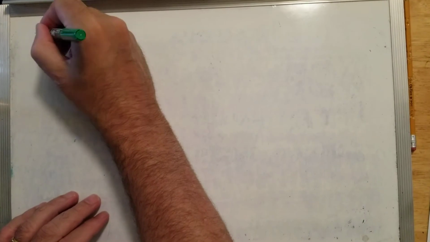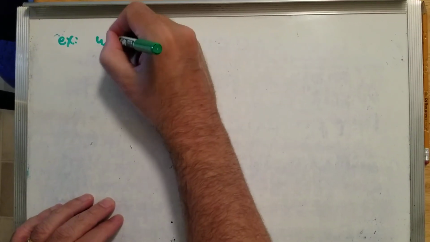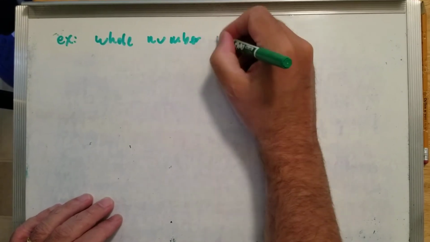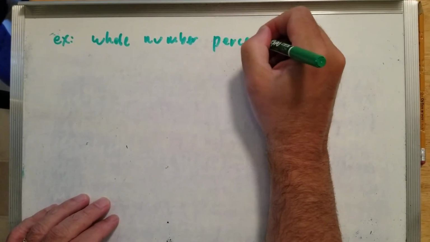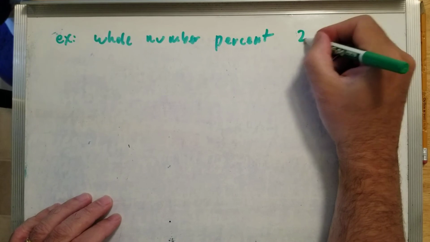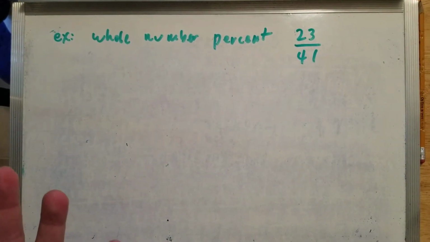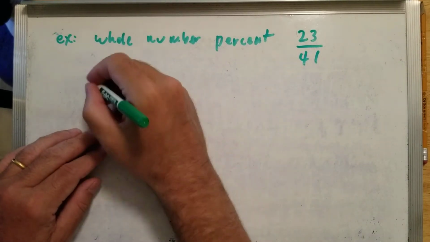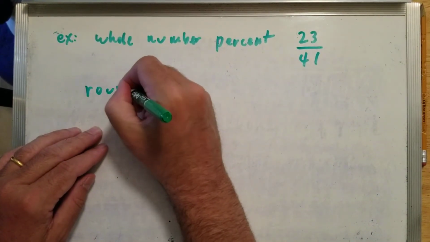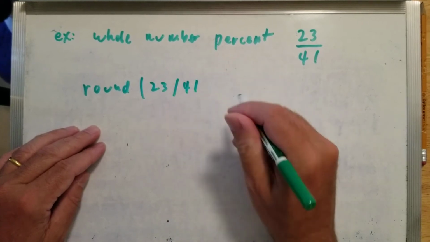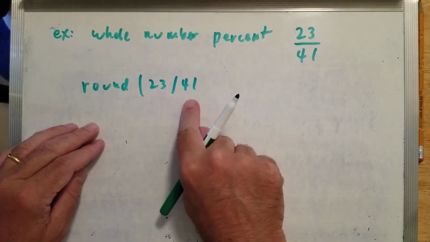They want me to do a whole number percent. Here's another example. As a whole number percent, a fraction this time, about 23 divided by 41. So I'm going to let the calculator do that for me by entering the following thing: round 23 divided by 41. Now that'll give me a decimal equivalent.